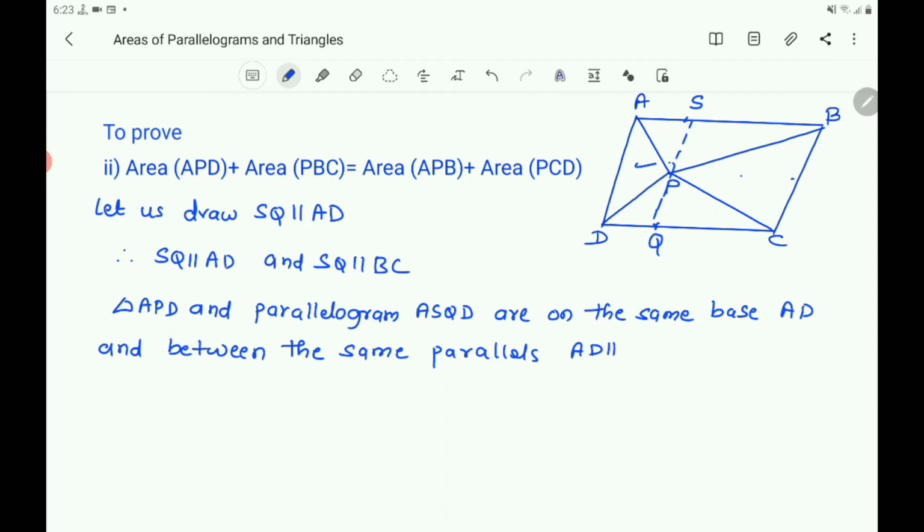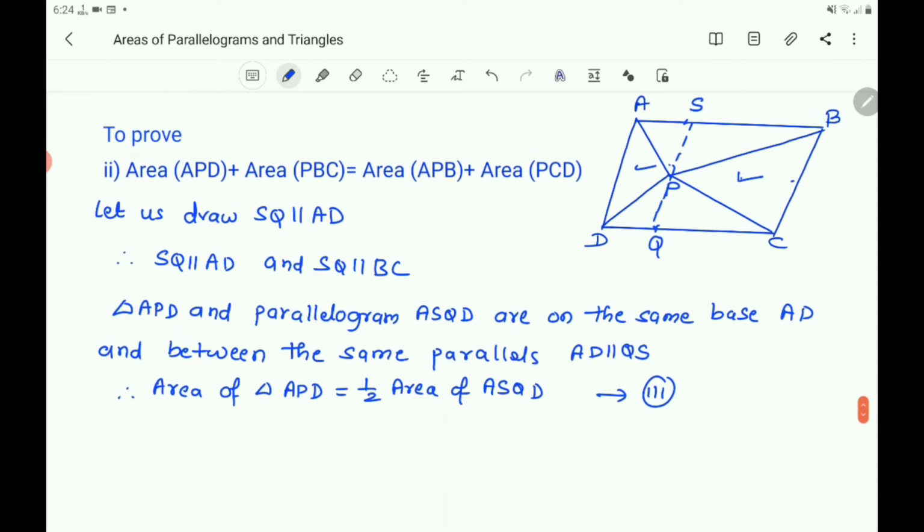Therefore, you can write that area of triangle APD equals half area of ASQD. So consider this is the third.